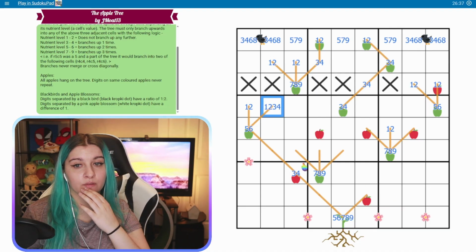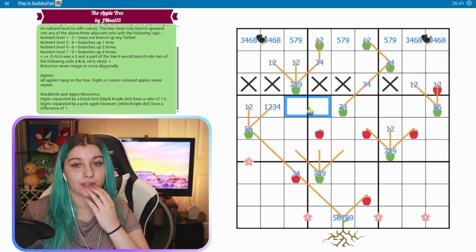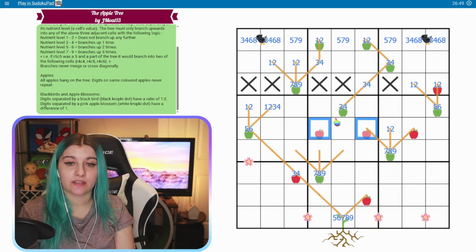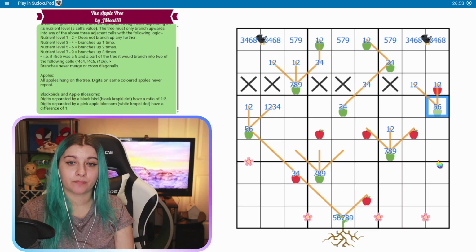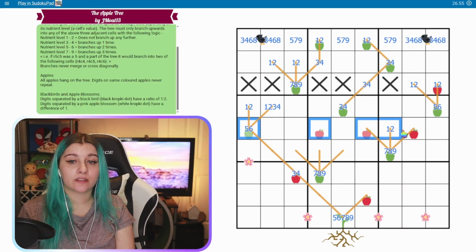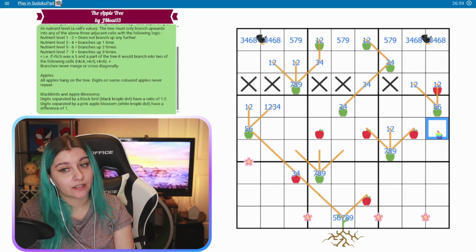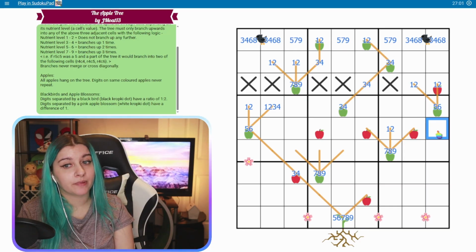If this is another 1, 2, that would mean I need a 3 or a 4 here. That's okay. One of these needs to go up to here. I also need to get here. I was looking at these branches only. Could I have another branch here? No, that'd be really bad.